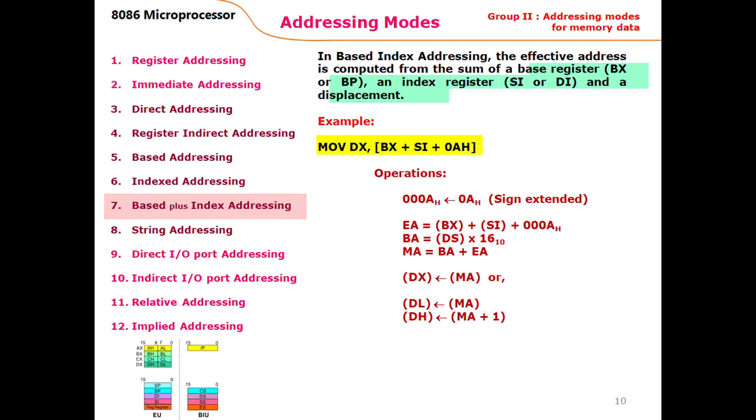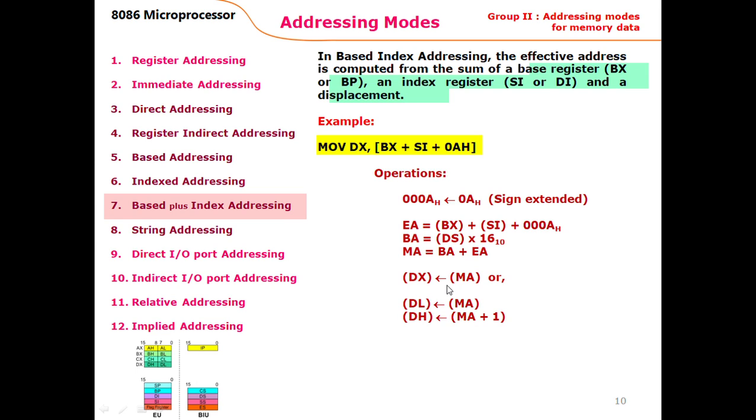But by this operation we mean that from the memory location just calculated, a single byte is moved to the DL register using little endian format, and then the physical address is incremented by 1, and from the next higher location another byte is moved to the other part of the D register.